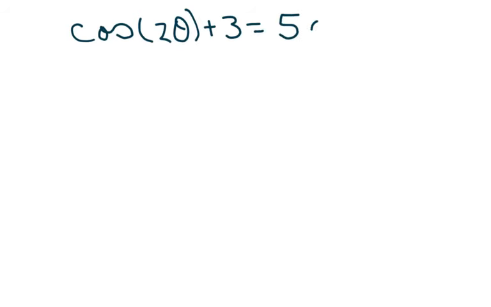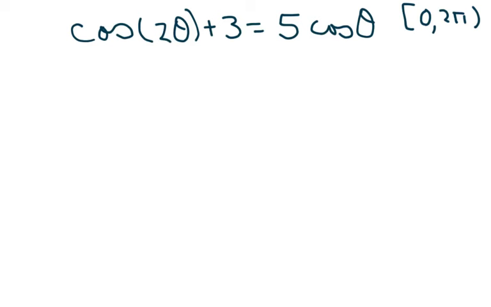Okay, the next one we have is where you're going to use your double angles. Remember, for my double angles, basically what we were doing is just plugging in and substituting. Well, now that we have to solve, and again we're solving all of these on the interval between 0 and 2 pi, I'm going to use my double angles. So, I kind of want to make this quadratic in form.